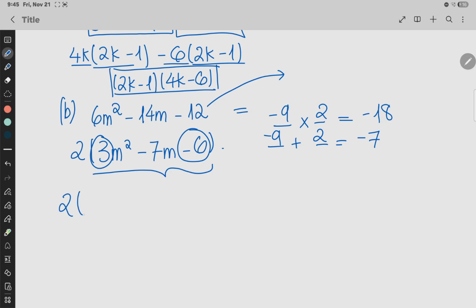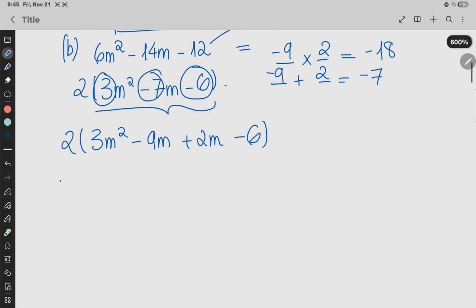Okay, and then from here you can just replace those two numbers into this negative 7. So 3m squared minus 9m plus 2m minus 6. From here you just group it. Here you can common factor out the 3m, right? That gives you m minus 3.